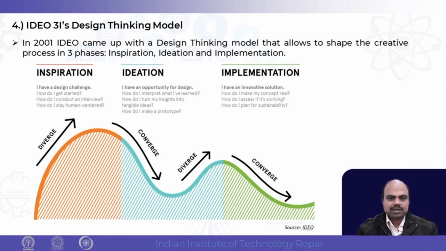First is inspiration. Inspiration is basically diverging. In ideation, we are going to get more ideas, so a little bit of converging, and again we are diverging. And then implementation is where we are going to implement the solution, which means that again it is converging.